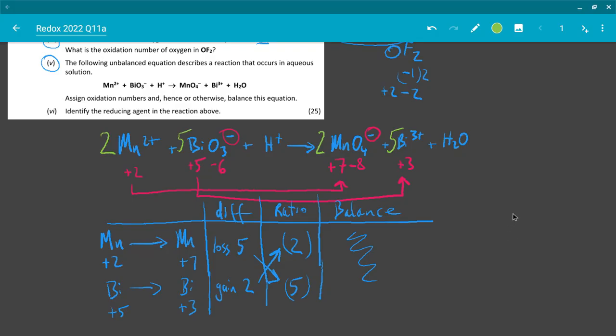And now let's do a little ledger to keep track of what we have. Manganese and bismuth, oxygen, hydrogen, and we've got 2 and 2. Okay, we've done that, and we've got 5 and 5. We've done them already. Now let's have a look at oxygen. How many do we have?